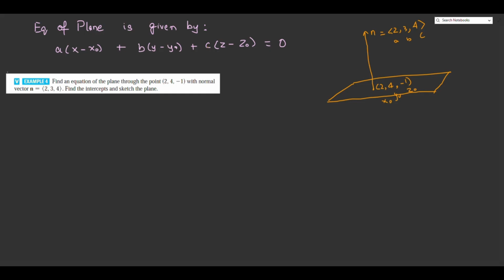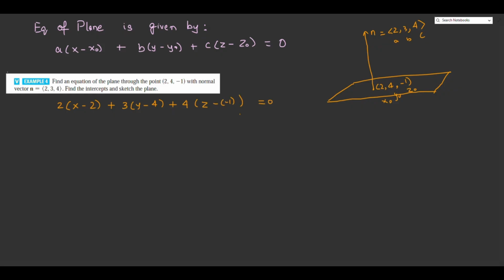Substituting everything in this equation of the plane, what are we going to get? We will get 2 multiplied with x minus 2, plus b equals 3, y minus 4, c equals 4, and z minus minus 1.